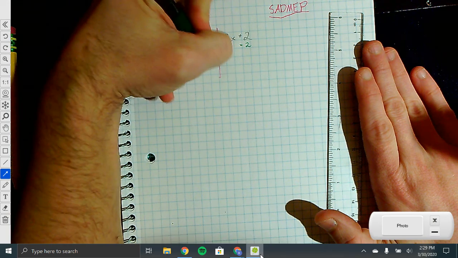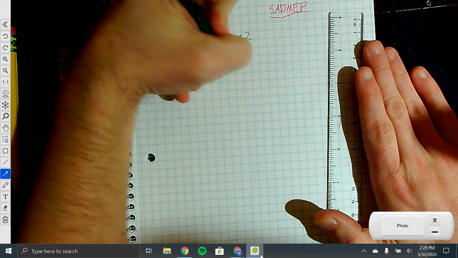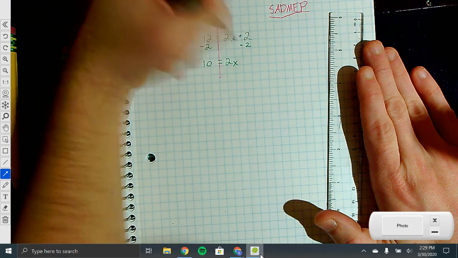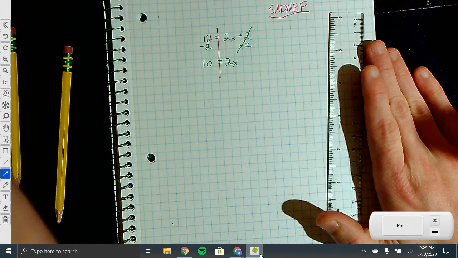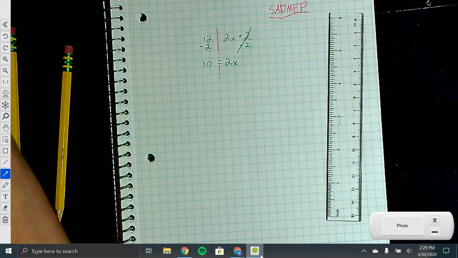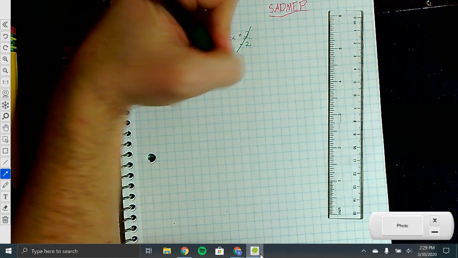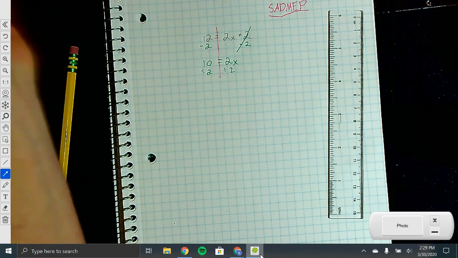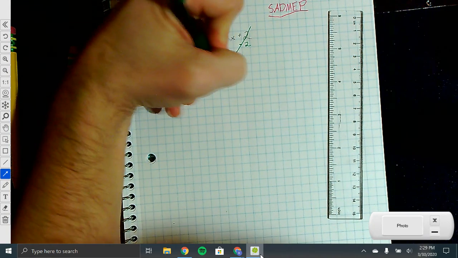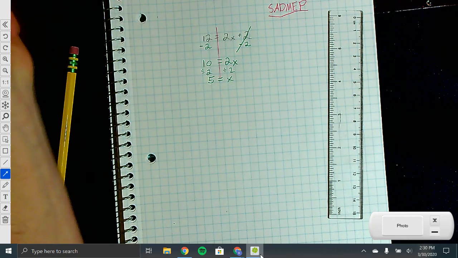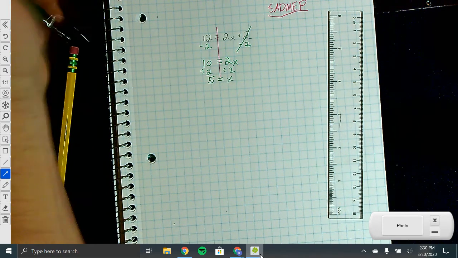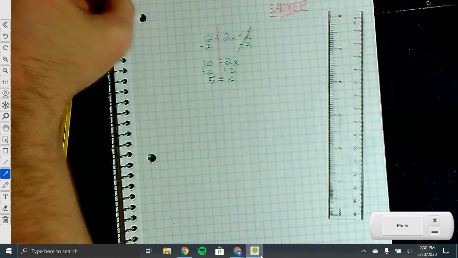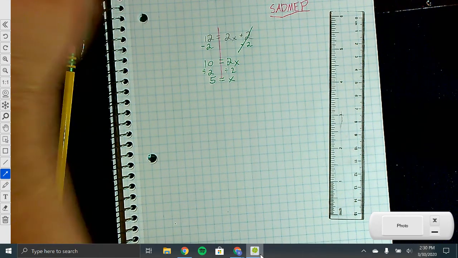So 12 minus 2 would equal 10, and what's left on the right-hand side is 2x. The whole purpose is so that the positive and negative 2 cancel out. Then to undo multiplication, we would want to divide each side by 2, meaning x would equal 5. So if we have an equal sign, we use order of operations backward, and we want to isolate the variable.